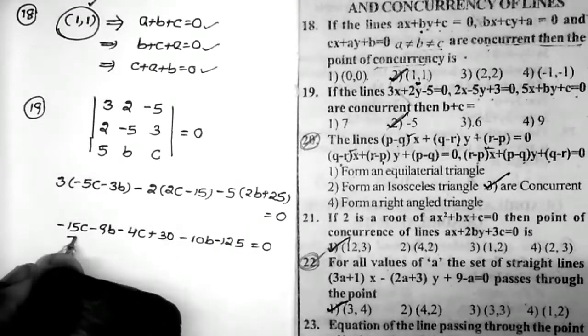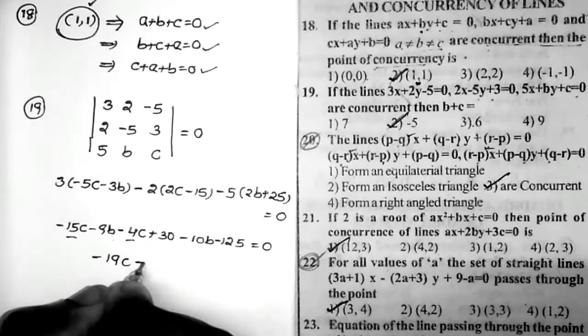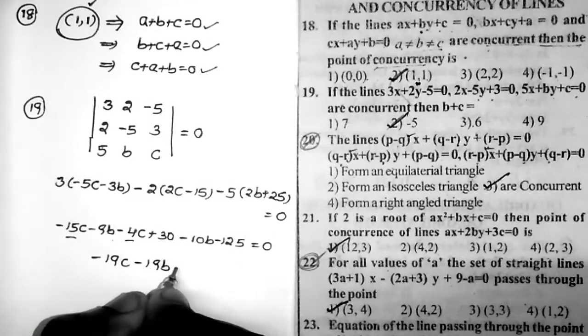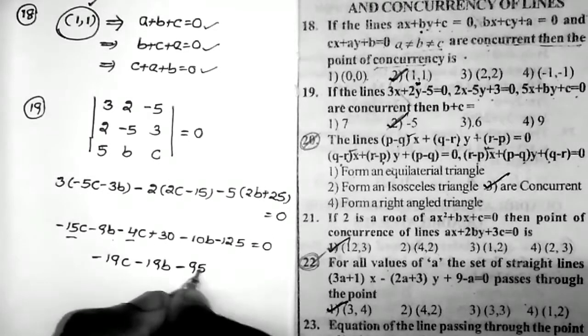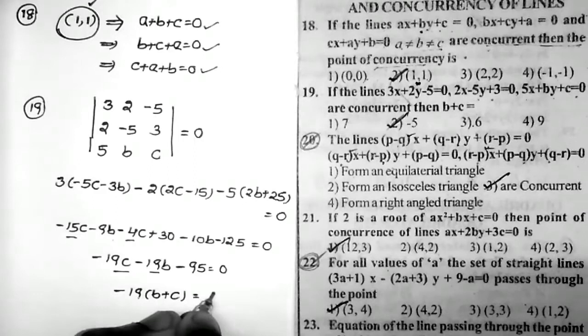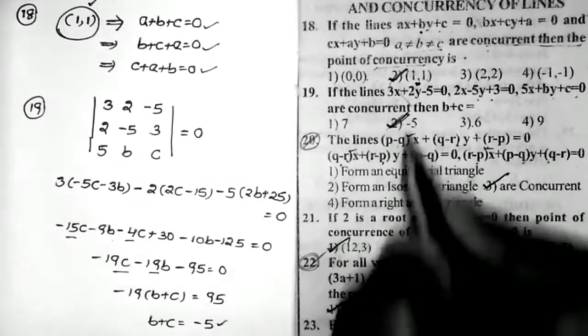That is minus 15c minus 4c is minus 19c, minus 9b minus 10b is minus 19b, minus 125 plus 30 is minus 95, is equal to 0. Now taking minus 19 common, minus 19 into b plus c is equal to plus 95. Therefore the value of b plus c is equal to minus 5. That's all. That is the second option.